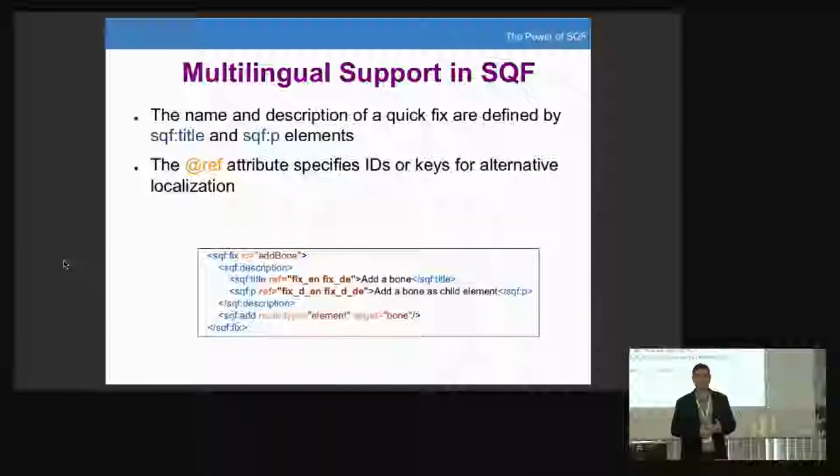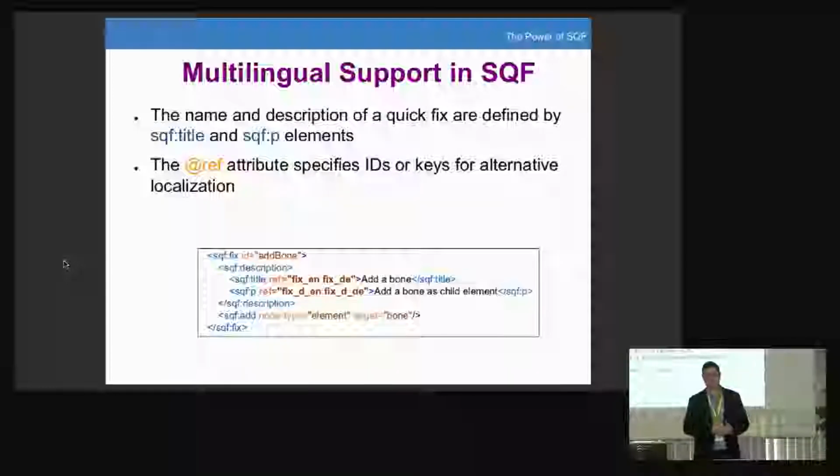So the multilingual support allows you now to set a ref attribute on the title and on the description of a quick fix. In the value of the ref attribute, you can set, let's say, an ID, but you can set also a key or a phrase.